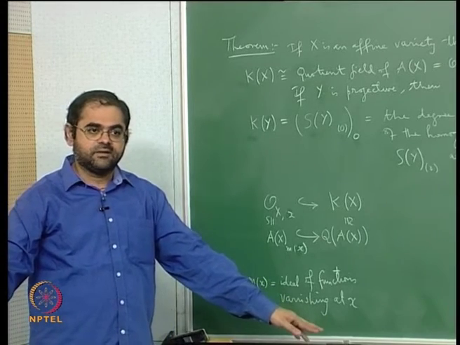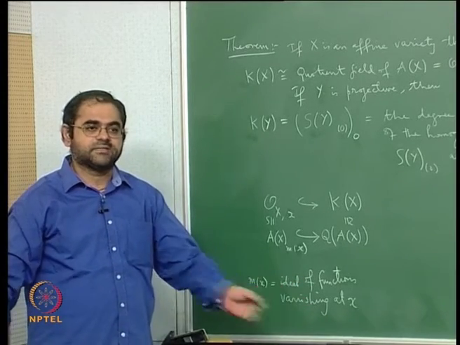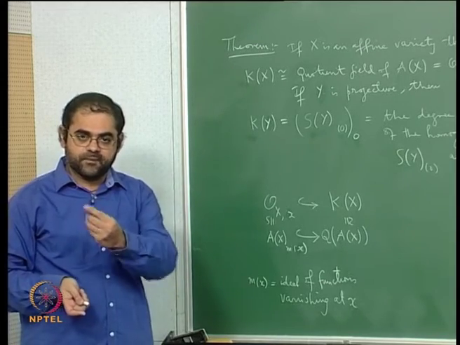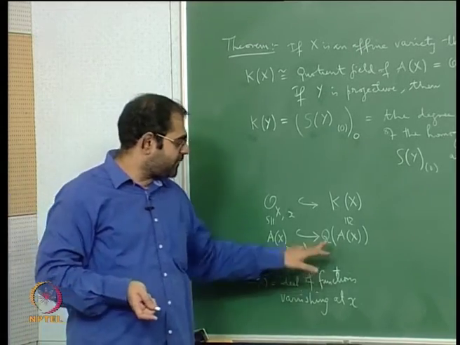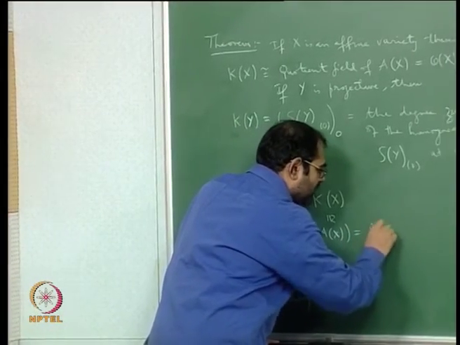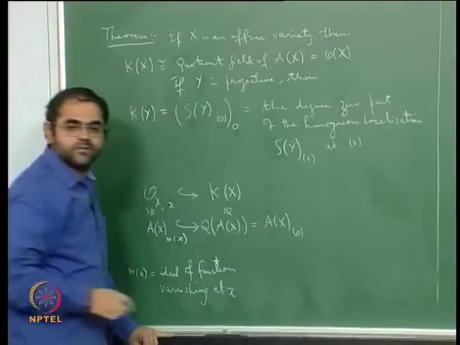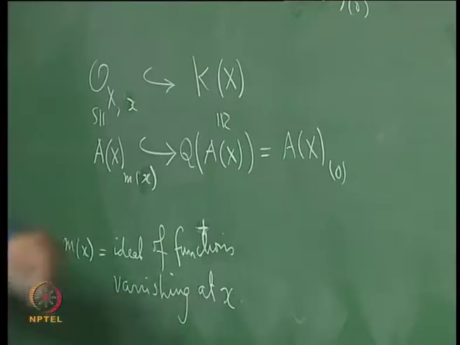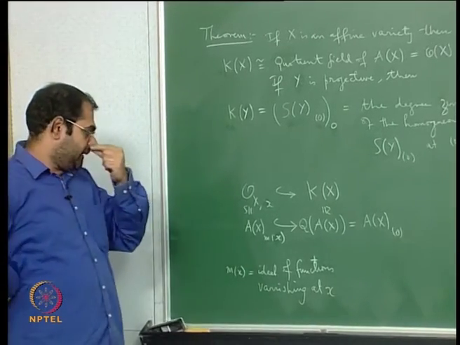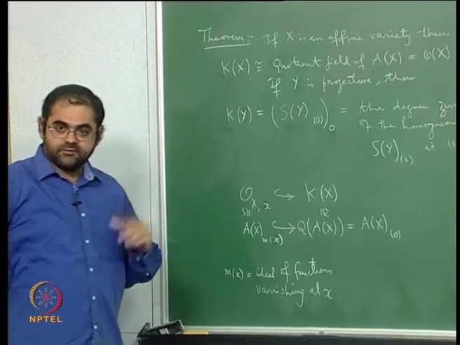It is a localization where you have inverted everything except the only element which you cannot invert, which is 0, and 0 is a prime ideal. So you are localizing at the prime ideal. This Q(Ax) is just Ax localized at the prime ideal 0. You are inverting everything outside 0, because localization at a prime ideal means invert everything outside the prime ideal. In this case, invert everything that is not 0, that will give you the quotient field.